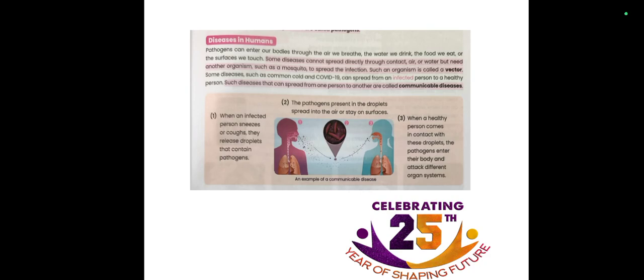Communicable means by communication. When you are in communication or in touch, they are spread from one person to another person. These are called communicable diseases. Now I hope you have understood what communicable diseases are.